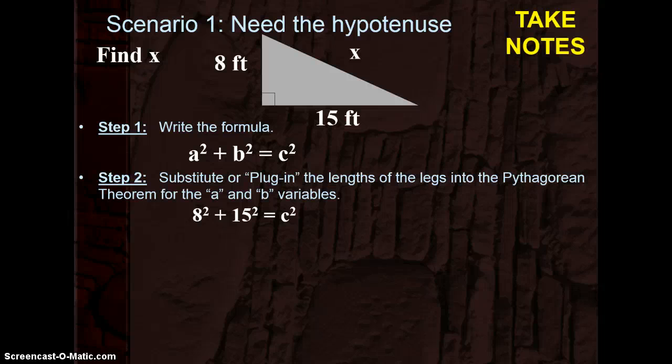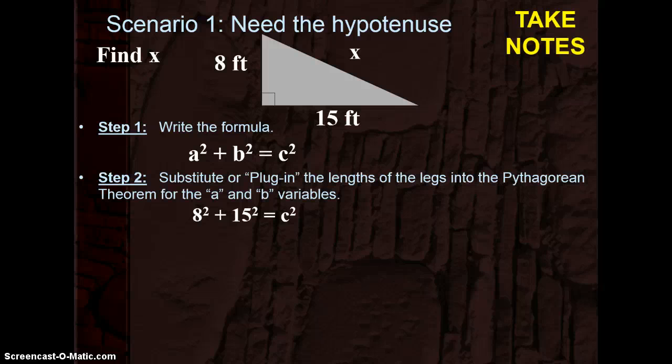So A squared is going to become 8 squared. B squared is going to become 15 squared. We don't know what C is. That's what our X represents, so we're going to solve for that. Now you're going to grab your calculator if you need to, and we're going to square 8 and square 15. What's 8 squared? 64.